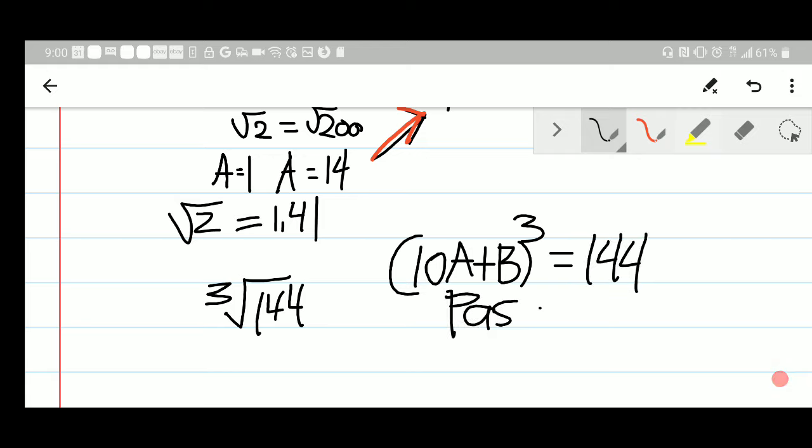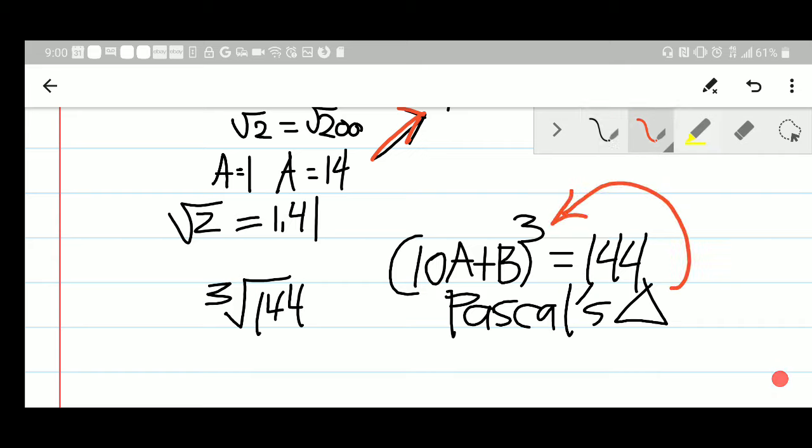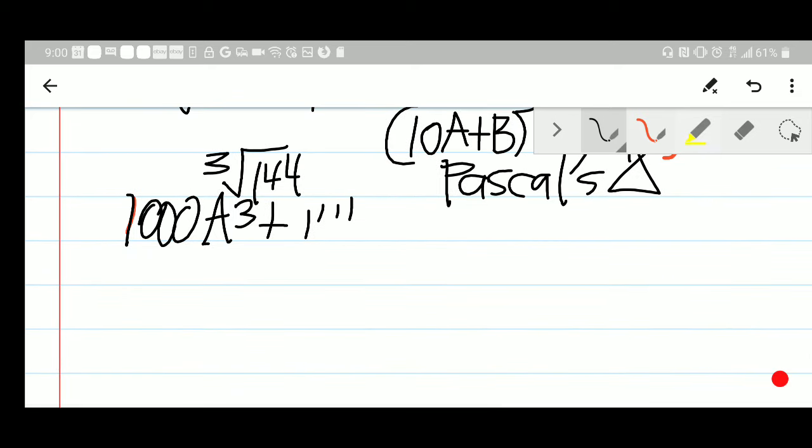Use Pascal's triangle to factor that out, and you'd have something like 10 cubed, 1, 2, 3, a cubed, plus blah, blah, blah, blah.